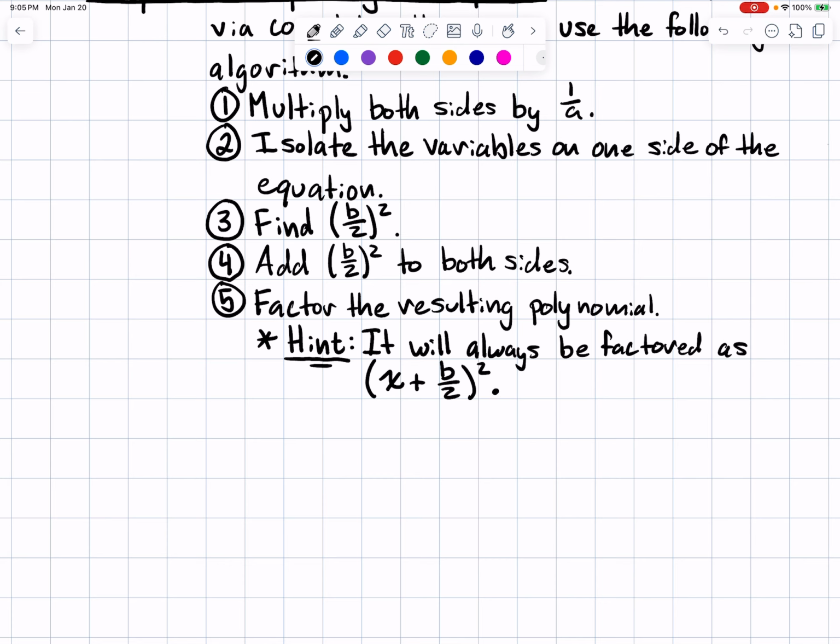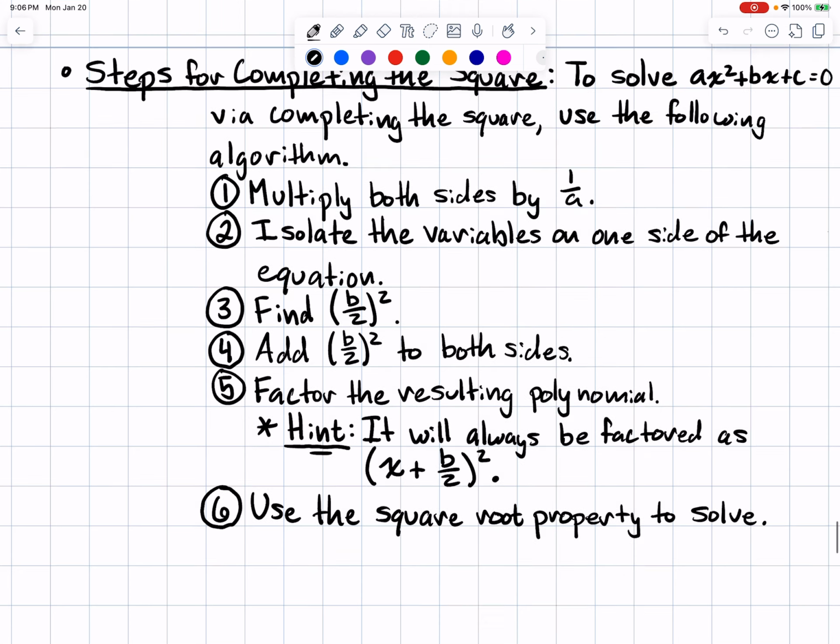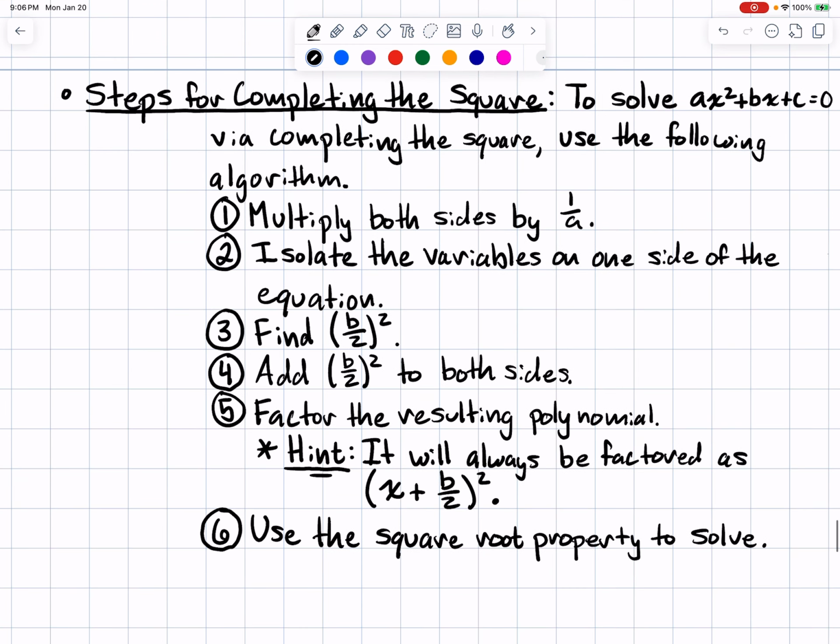And step 6: use the square root property to solve. These are the steps for completing the square, and these are very important. But don't worry, we're going to do an example.